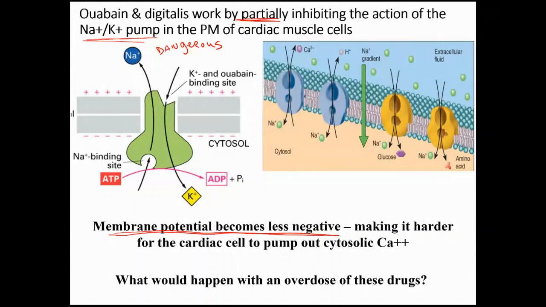Okay. And when that takes place in a cardiac muscle cell, it makes it harder for the cardiac muscle cell to pump out cytosolic calcium. Because unlike the skeletal muscle, which gets really all of its cytosolic calcium from the sarcoplasmic reticulum after an action potential, cardiac muscle cells get their cytosolic calcium from both their sarcoplasmic reticulum and also from extracellular calcium.